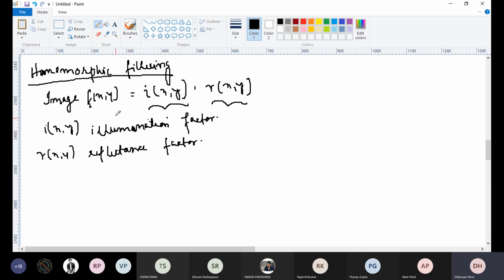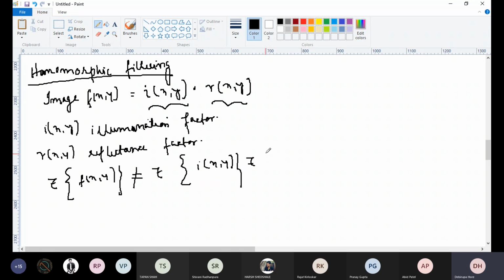Now f of xy is equal to I of xy into r of xy. If I take a Fourier transform of this image, that is not equal to the Fourier transform of I of xy times the Fourier transform of r of xy. So we cannot define it like this.